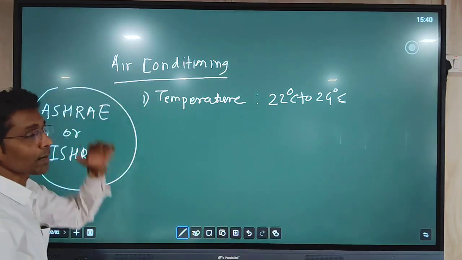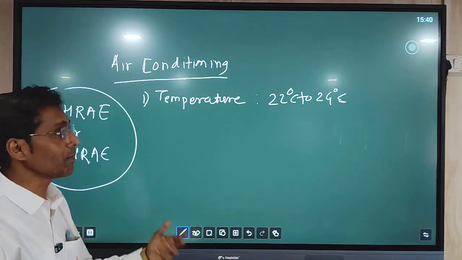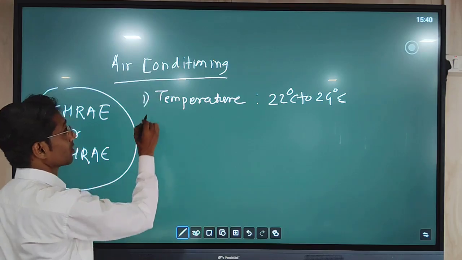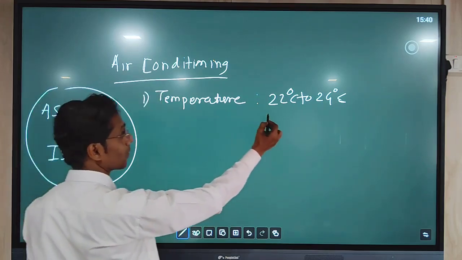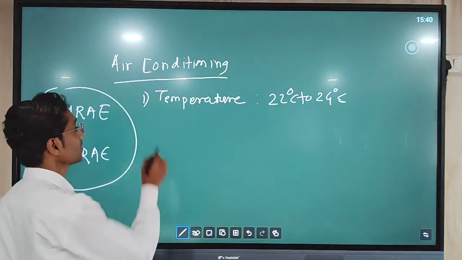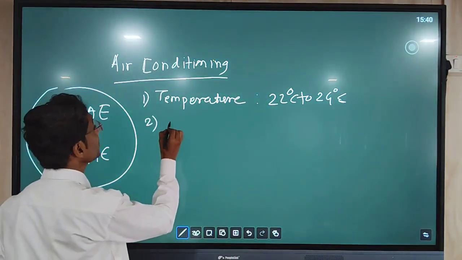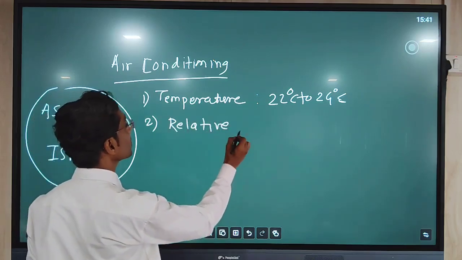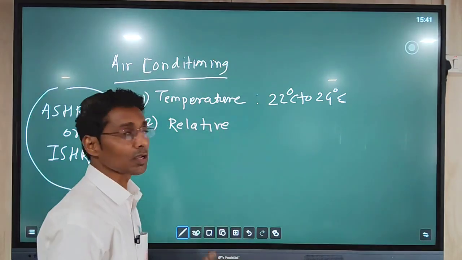Now by these guidelines, the definition of air conditioning is what? Treatment of air where the parameters of air, first temperature, is maintained between 22 degrees Celsius to 24 degrees Celsius. Second one is humidity. Now actually in humidity there are three types.